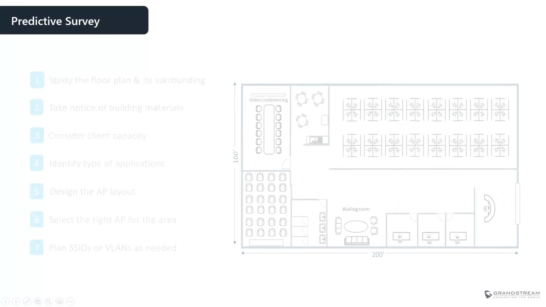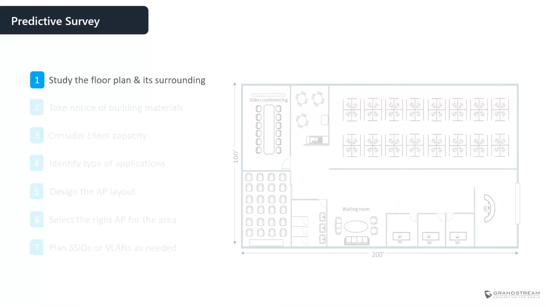All right. So unfortunately, not all installers have these tools, maybe because they are too expensive or not enough budget to run a survey. So these are some variables that must be accounted for when conducting a site survey, with or without a software tool.